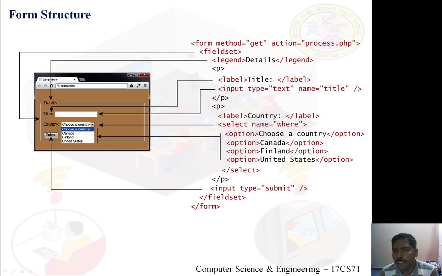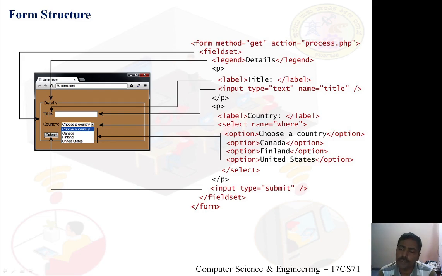Now just have a look at the first line in this code fragment. What is specified? Method equals get. This get I'll tell you later in the next session. There are two methods of sending input to the server. One is get, the other one is post. There is a slight difference between get and post.